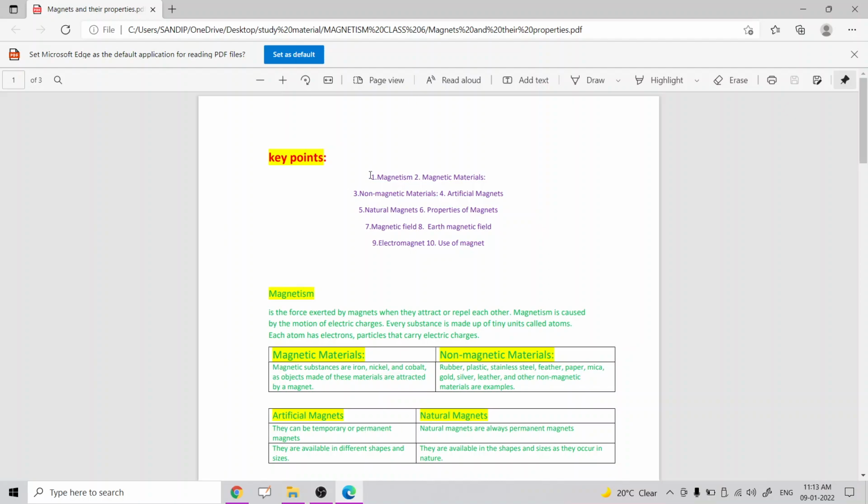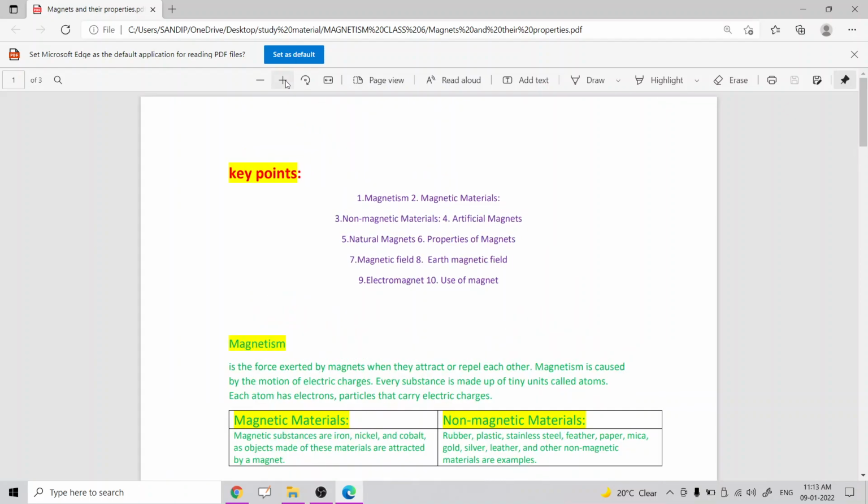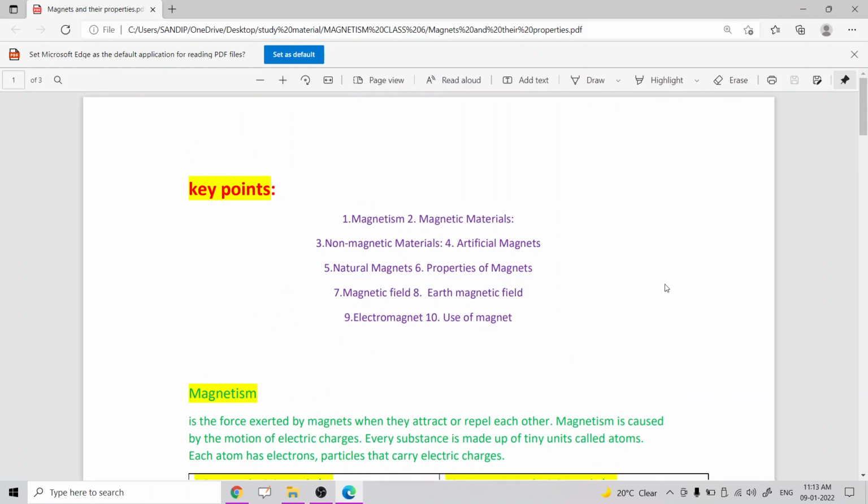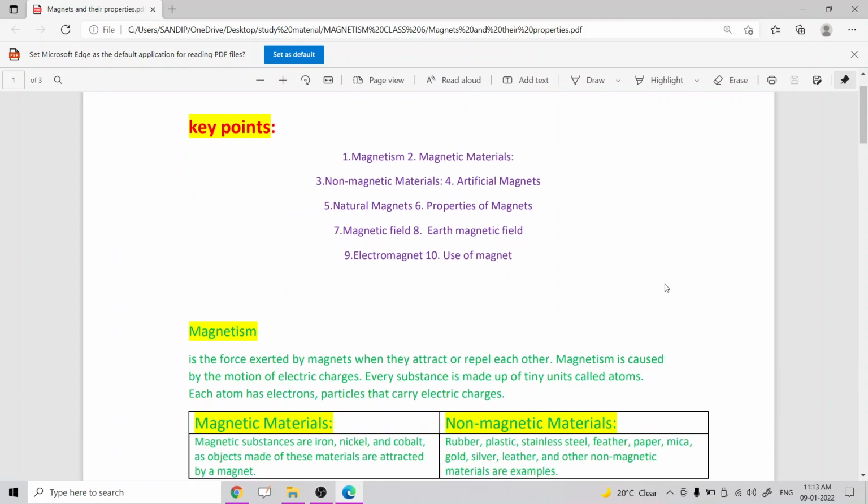Now at first we have to know what the key points are. The name of this chapter is magnetism, and these are the key points. First one is what do you mean by magnetism.